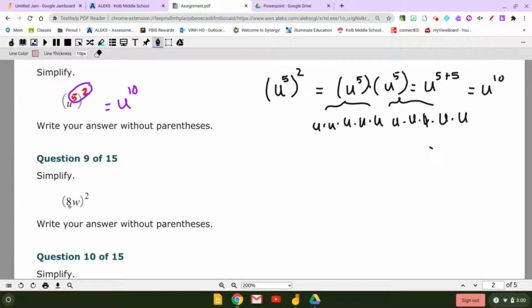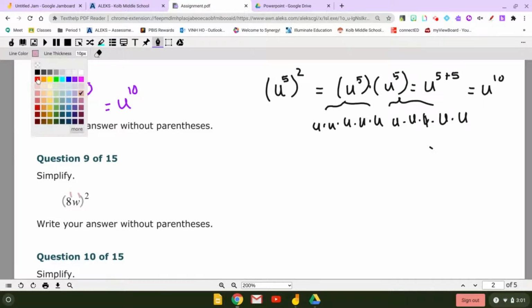All right, we're going to look at that one more time down here. So we have two elements inside. You have the number and you have the variable, right? So this is 8 to the first power and w to the first power. Different from the first one, in the other example you just have a variable. Now you have a coefficient and the variable.